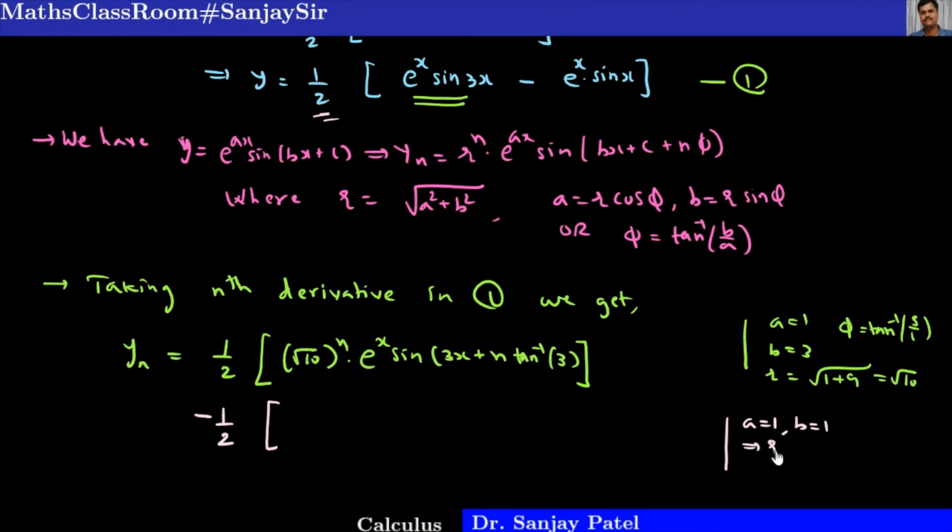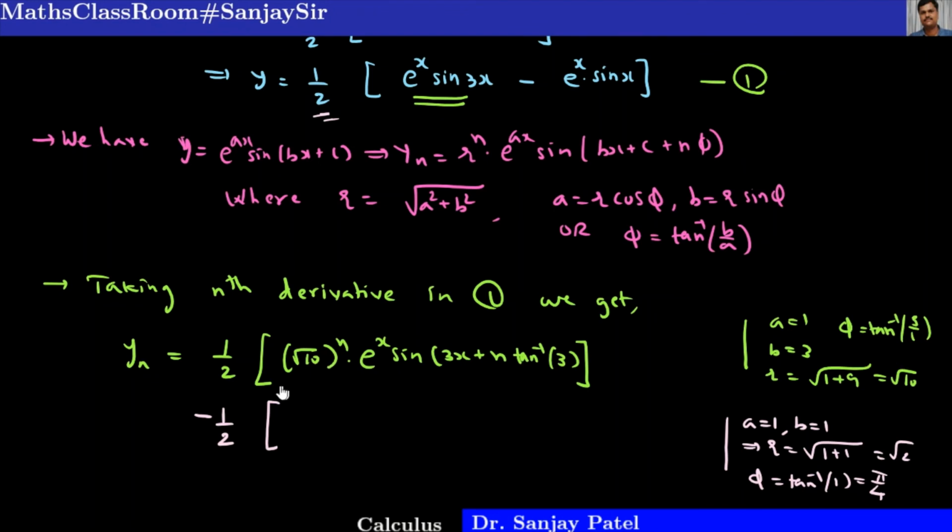So we have r is equal to square root of a square plus b square, that is square root of 2, and phi is equal to tan inverse of b upon a, that is tan inverse of 1, which is nothing but pi by 4.